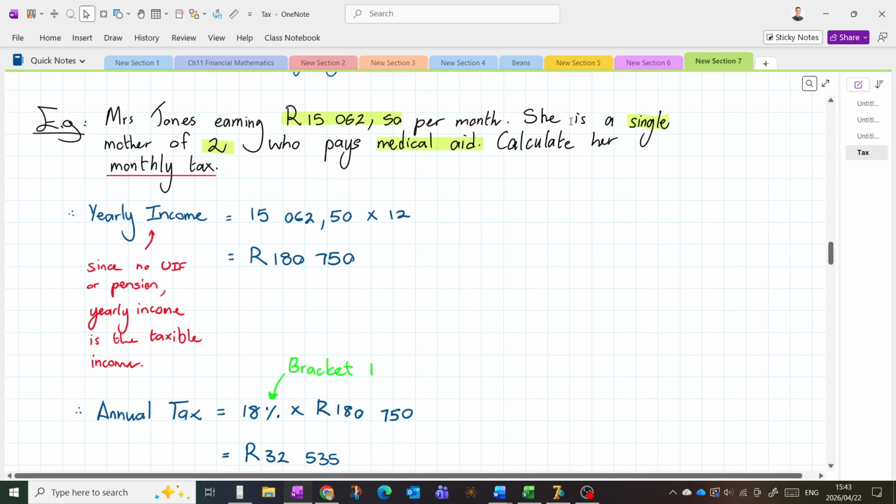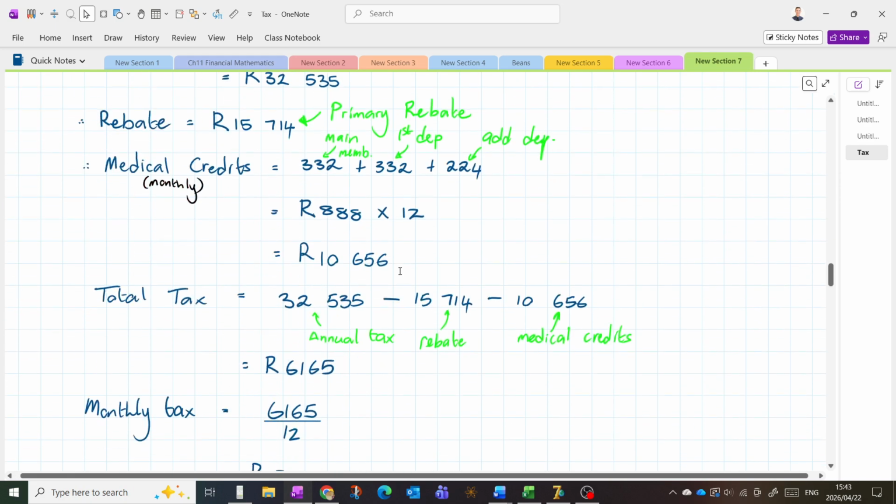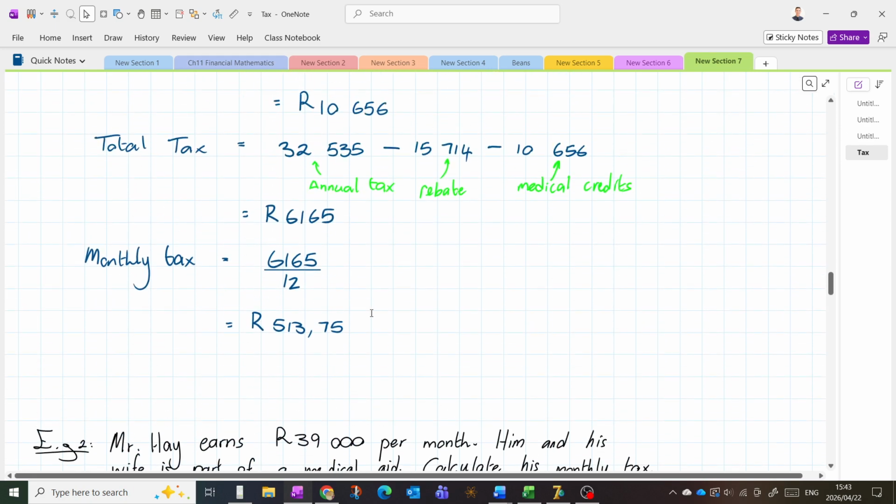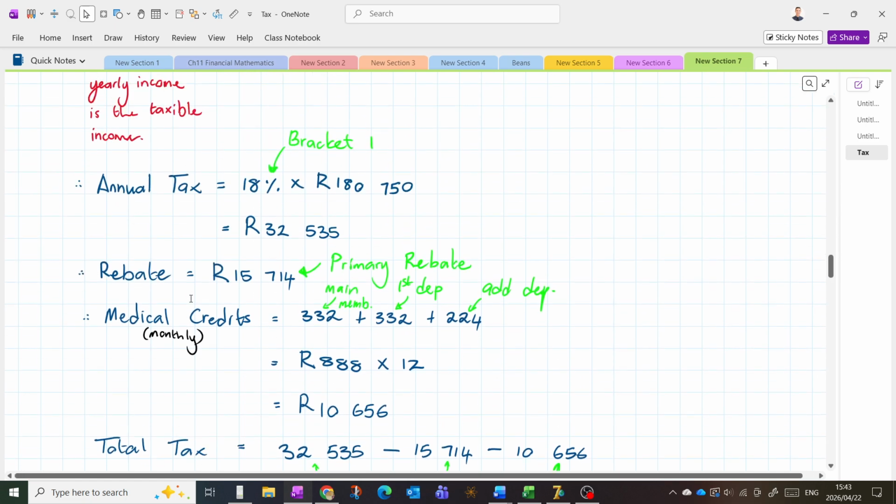Short of excluding the medical aid, it could not be simpler than this. There's no UIF, no pension, no funny business. Like I said, there are other ways of doing this. You could have done it in one step here if you moved this down and first took note of a rebate, calculated the medical credits, and then did it all in one step here.